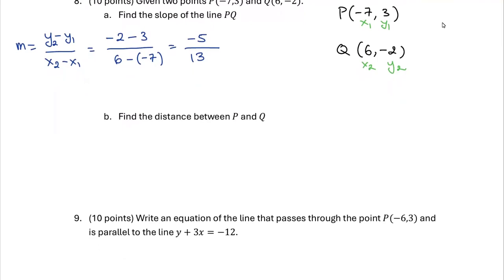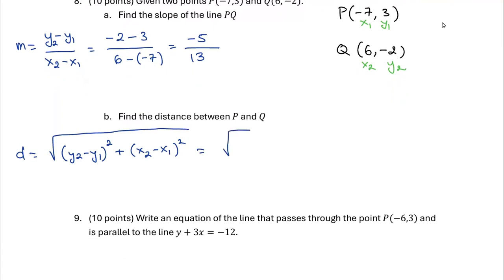I get the distance formula, a big square root of the change in y squared plus the change in x squared. So we have -2 minus 3 squared plus 6 minus -7 squared.